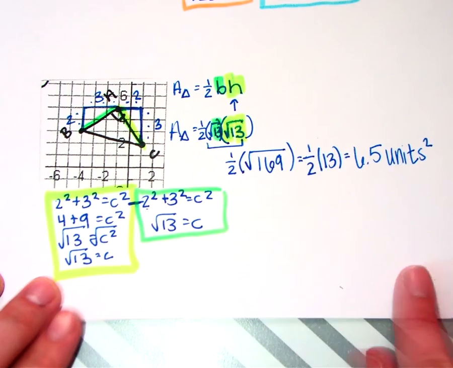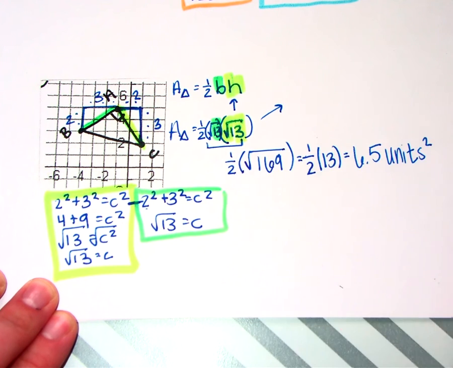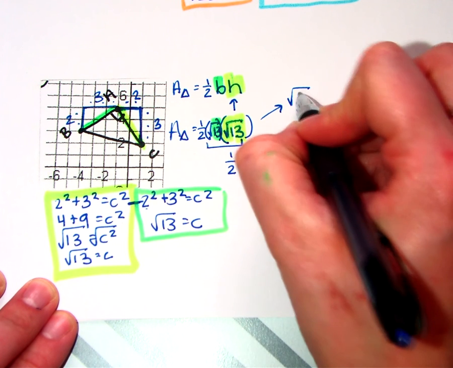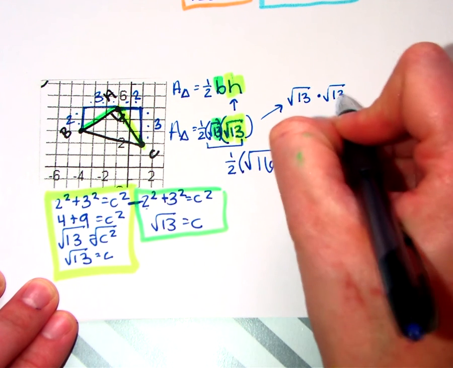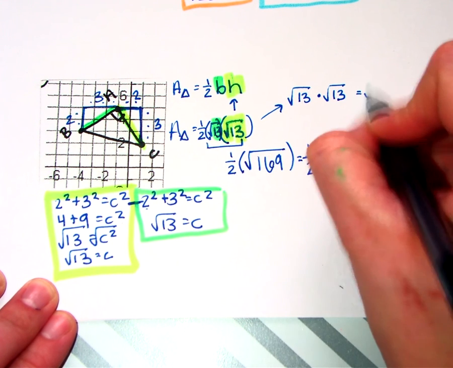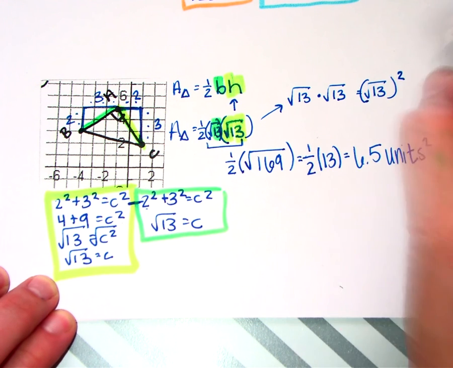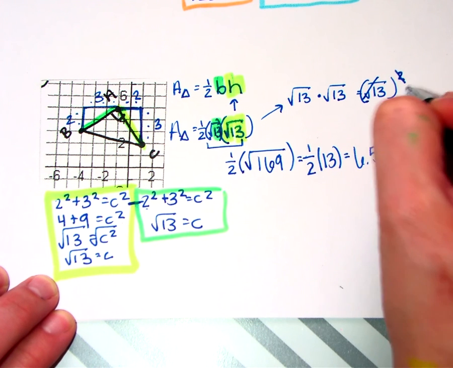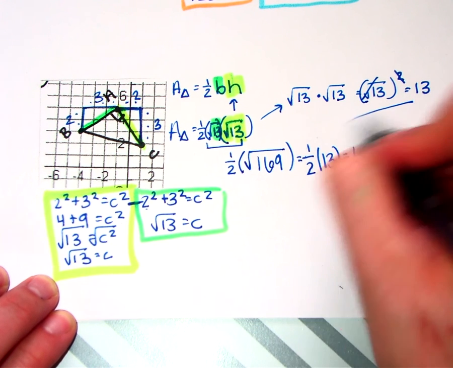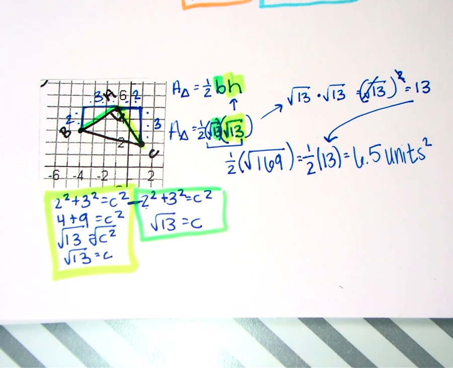Another way to do this is when you have two values that are the same, the square root of 13 times the square root of 13, that's the same as saying the square root of 13 squared. We know that square roots and squareds cancel, so it would just be 13, which is what we got here. So there's a couple ways to do those.